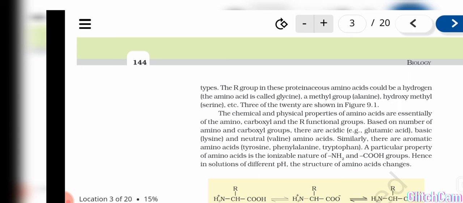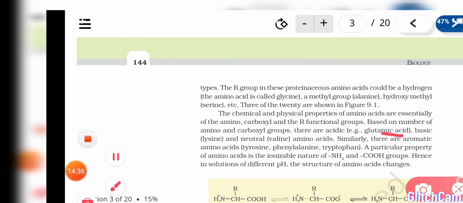Understood? Then the chemical and physical properties of amino acids are due to what? The groups, that is amino group, carboxyl group, and R functional group. And based on how many carboxyl groups are there and how many amino groups are there, the amino acids are classified into different types. There are acidic amino acids. Acidic amino acid means what?